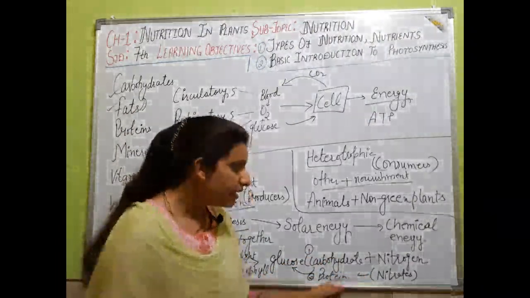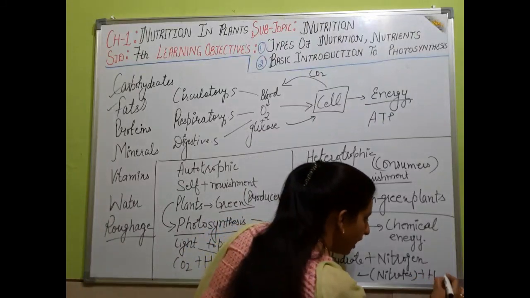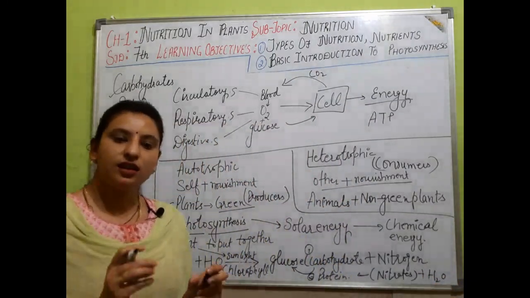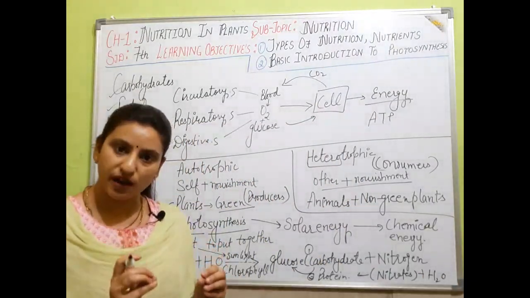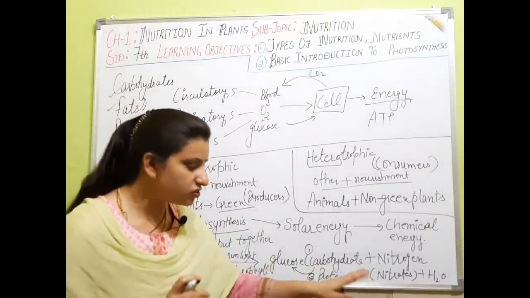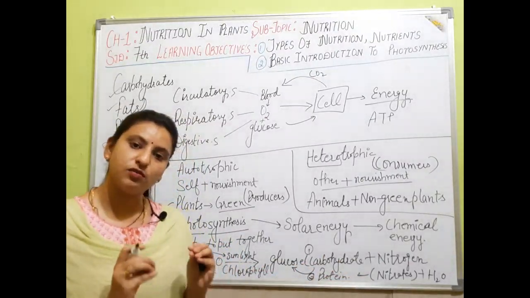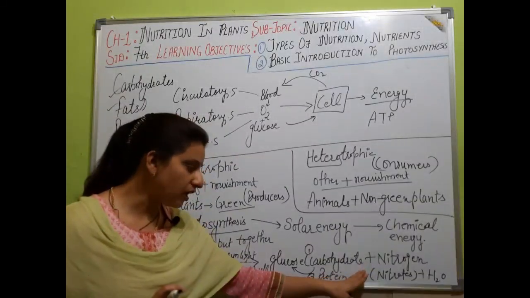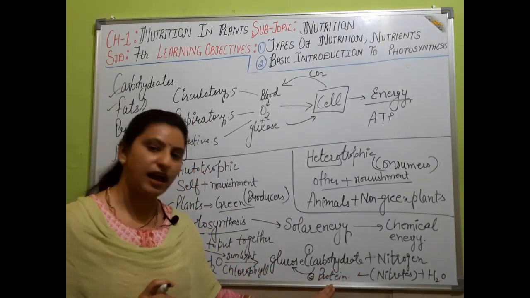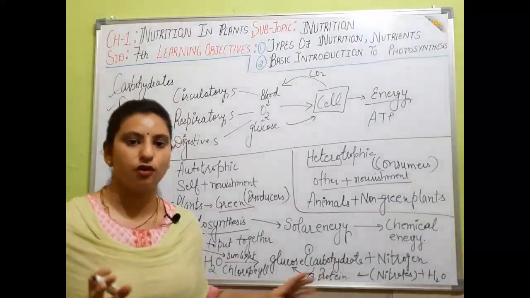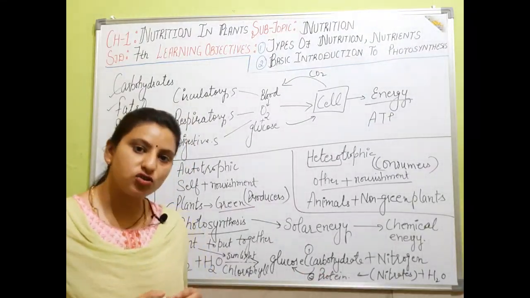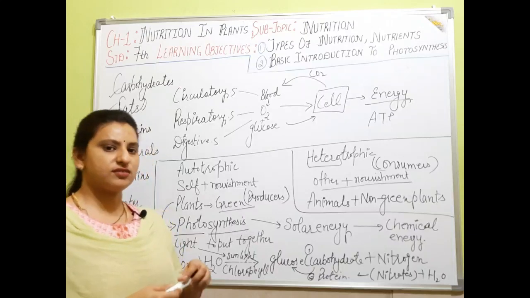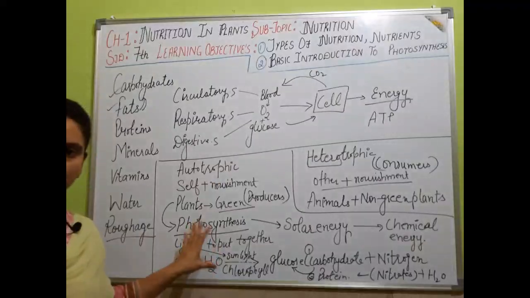That nitrate is soluble in water, and when the roots of the plant absorb water, nitrate is absorbed with the help of this water, and it is given to the carbohydrate. And protein as a bodybuilding food is formed. I hope you understood this topic, as we are just introducing the chapter.